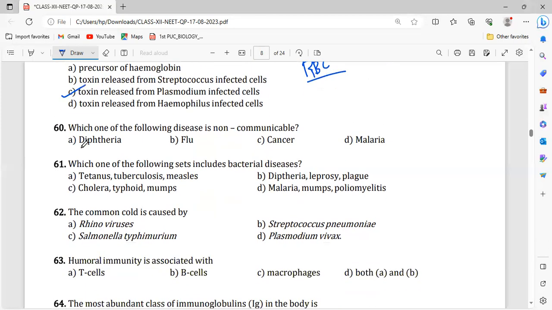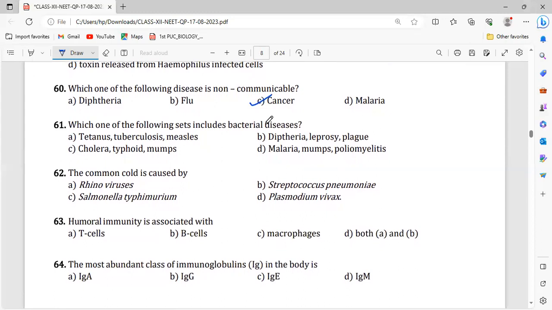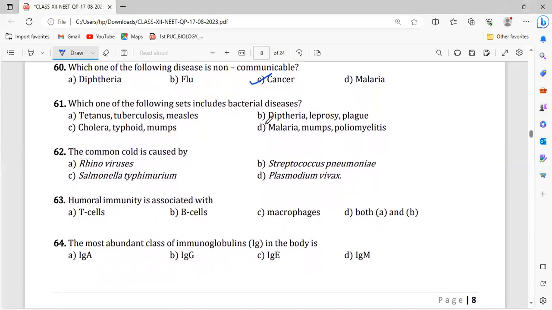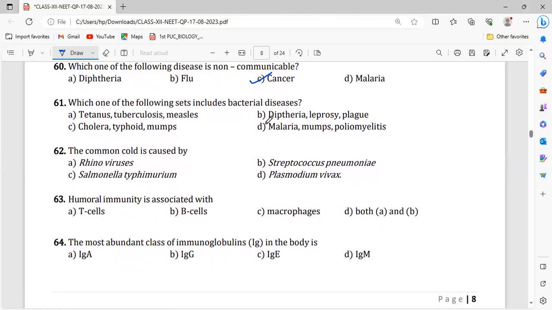Then 60. Which one of the following diseases is non-communicable? So out of these, cancer is not communicable. It will not spread from one person to another person. Next, which of the following sets includes bacterial diseases? So again, we list it.